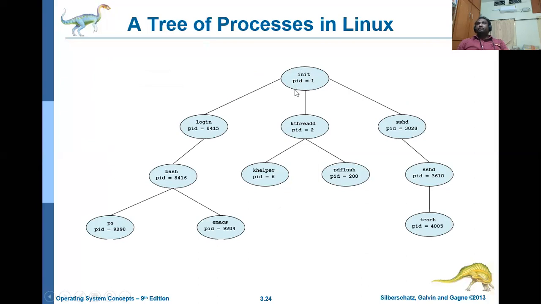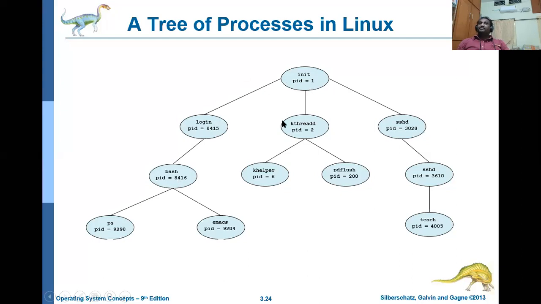This is the main process, with process ID 1. For this, we have three sub-processes: one is login, one is thread, one is SSH schedule. They have different process IDs. Again, for these processes, we have some sub-processes with different process numbers.